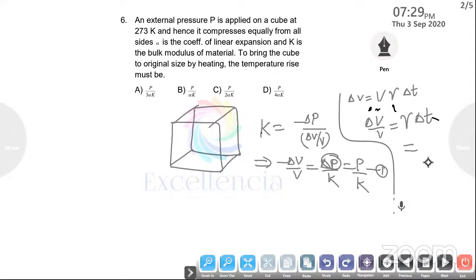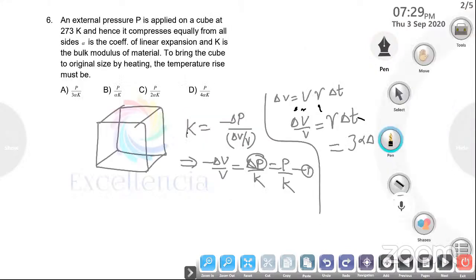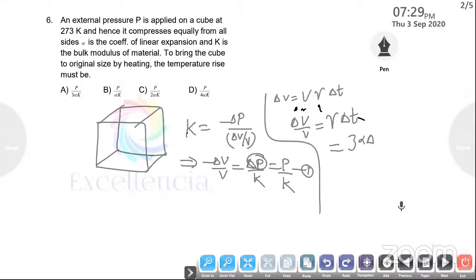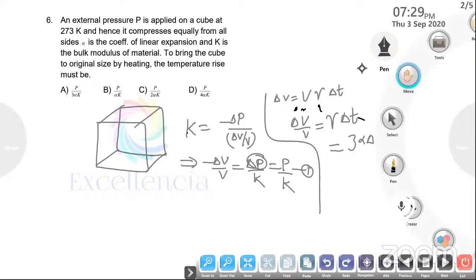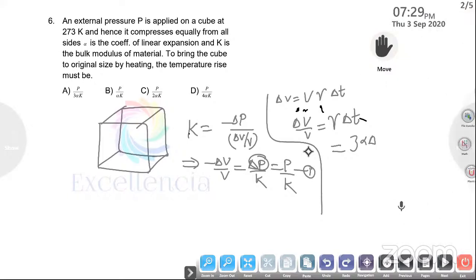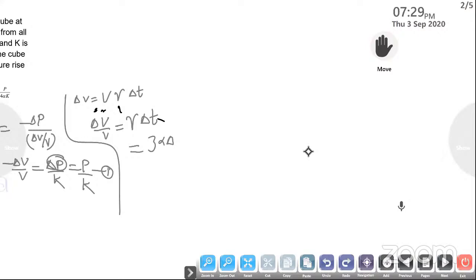But we know that gamma is equal to 3 alpha for isotropic bodies, and so we take 3 alpha into delta T. Three alpha delta T. Let us say this is 2.